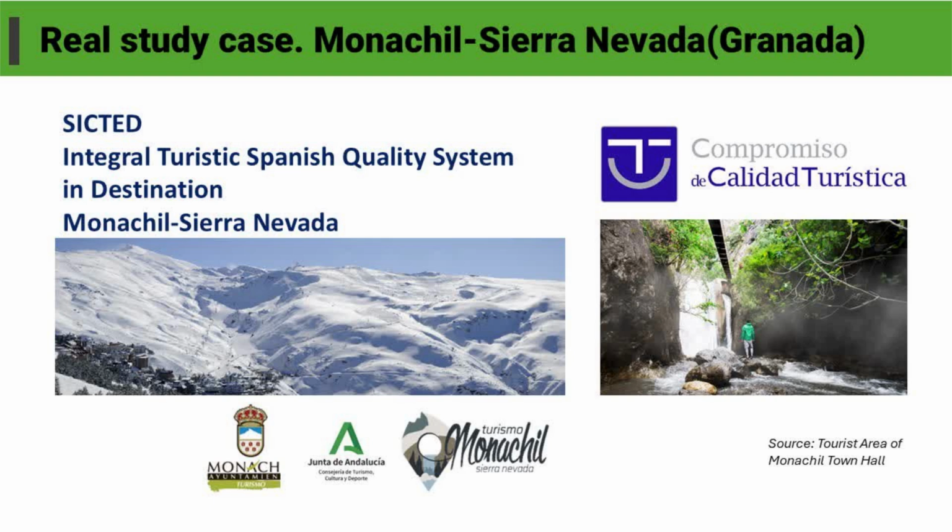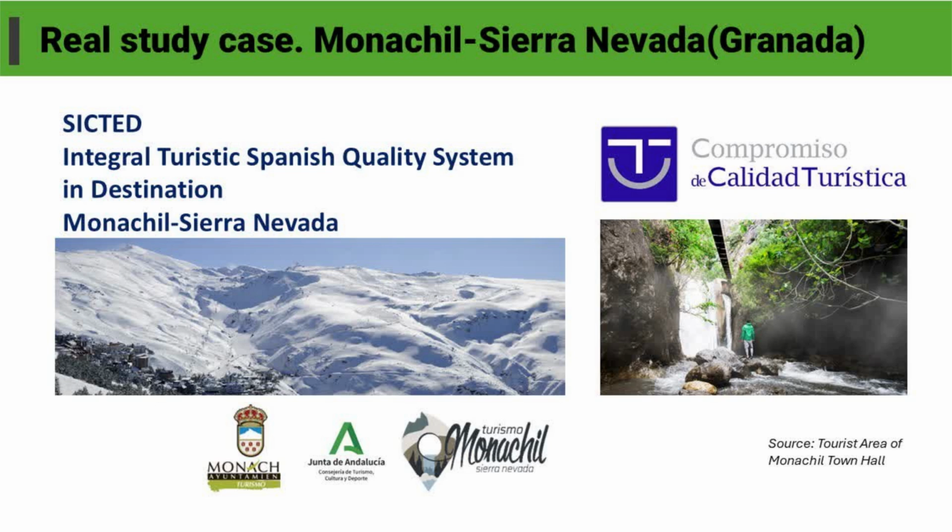Since this territory is located in the northeast arc of the Vega de Granada and in the heart of the Sierra Nevada, it has also been declared a tourist municipality by the Junta de Andalucía since 2020. The first action was the creation of a governance committee promoted by the City Council and the Business Association, and after a self-assessment using process, result, and perception indicators, they obtained the following conclusions.